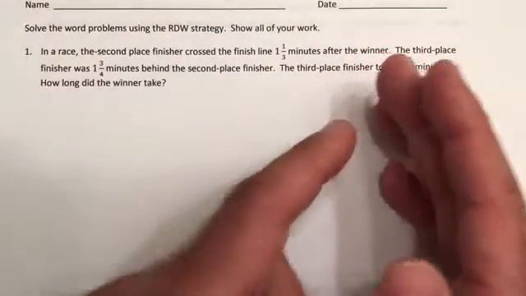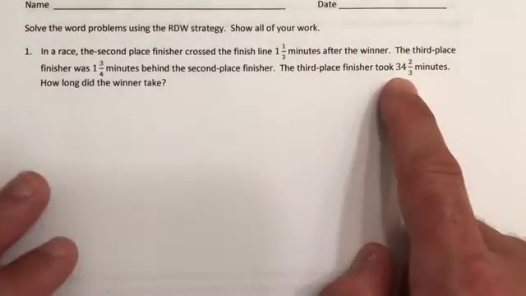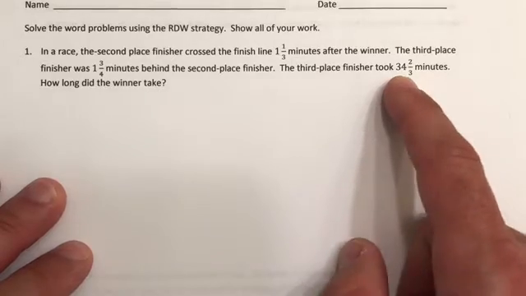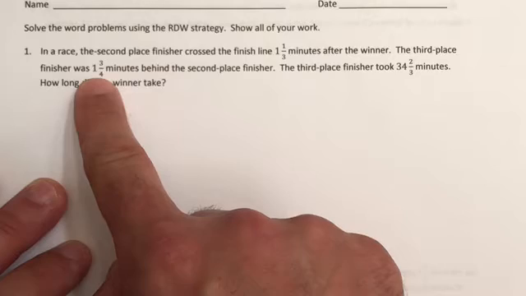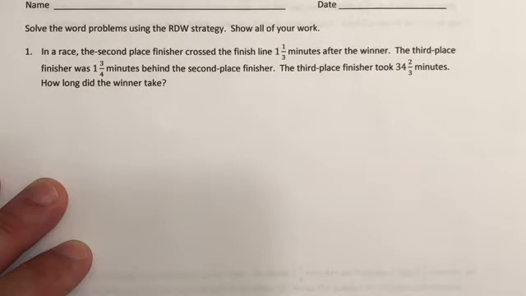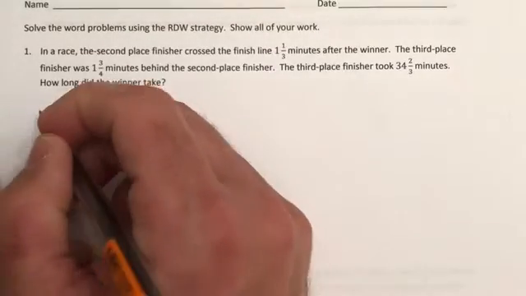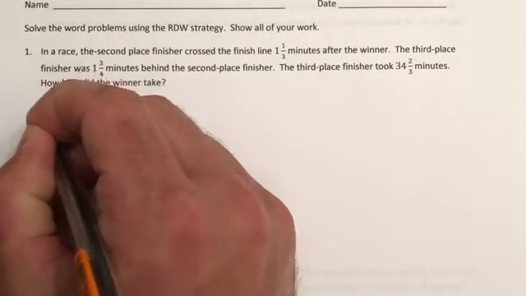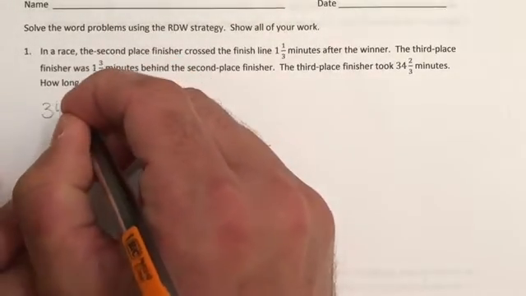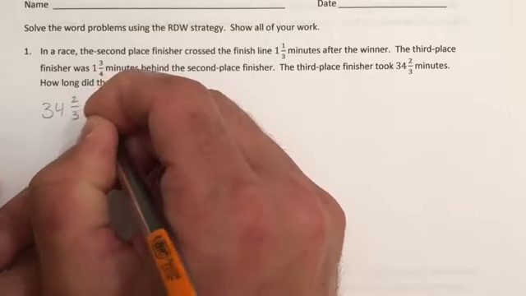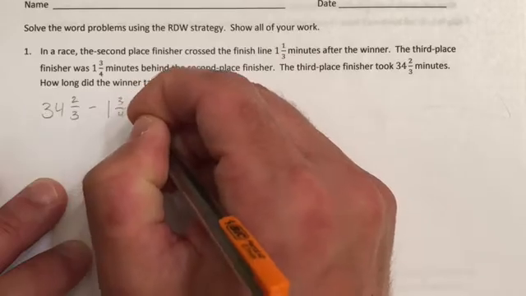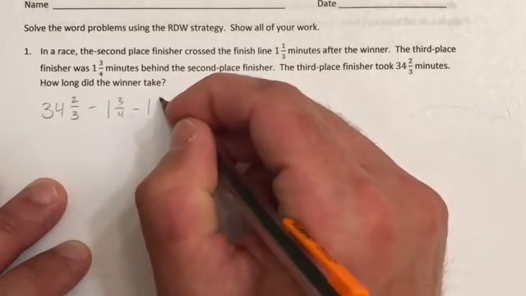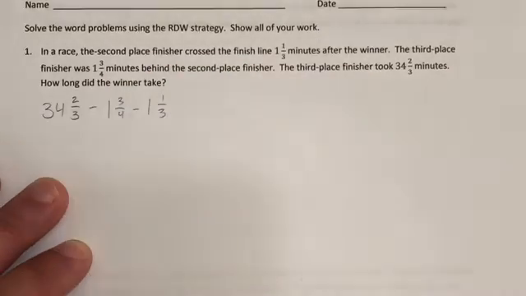So we look at 34 2/3 minutes, and then subtract 1 1/3, and also 1 3/4 to figure out what this time is. Okay, so here's what I'm going to start with. I'm going to write it all out like this: 34 2/3 minus 1 3/4, and also minus 1 1/3.